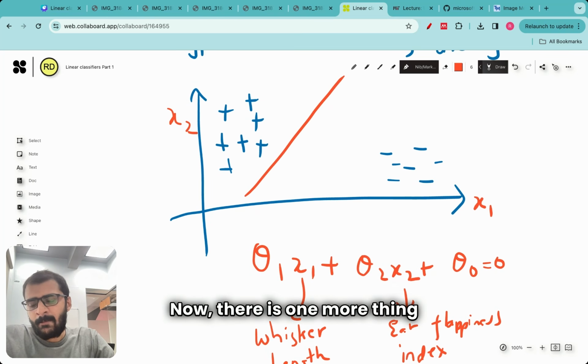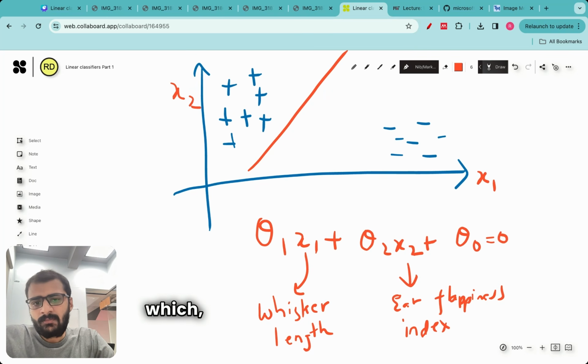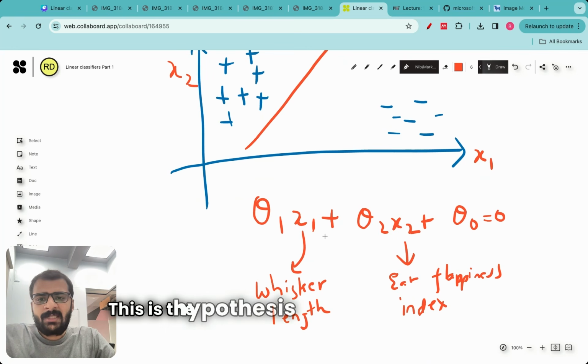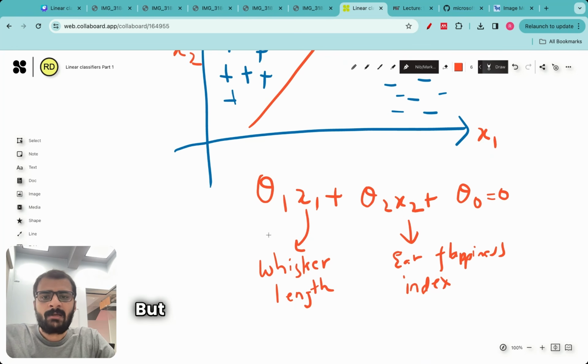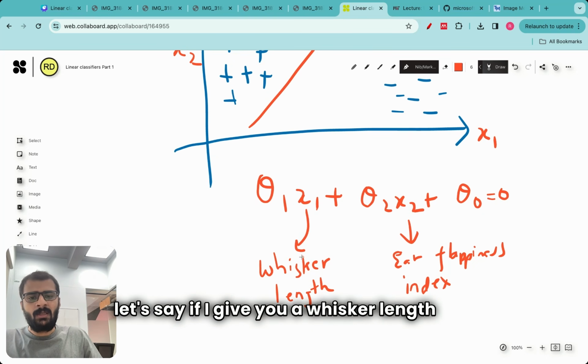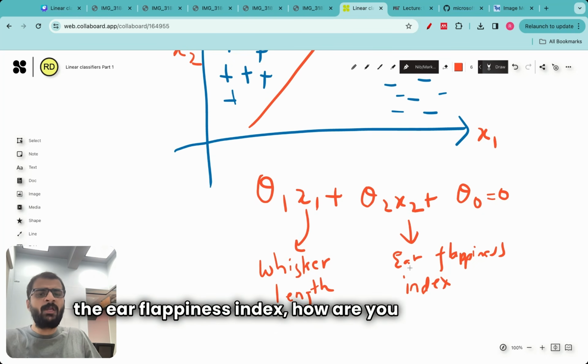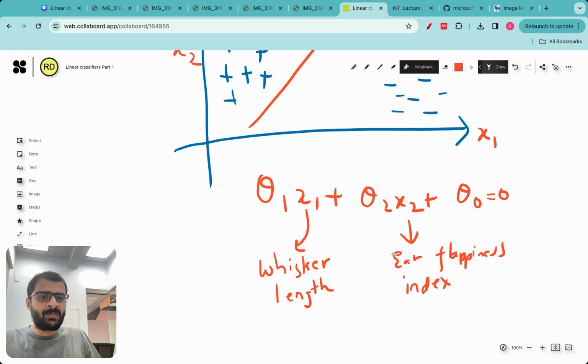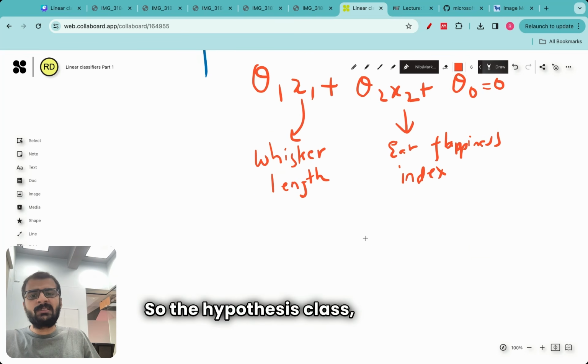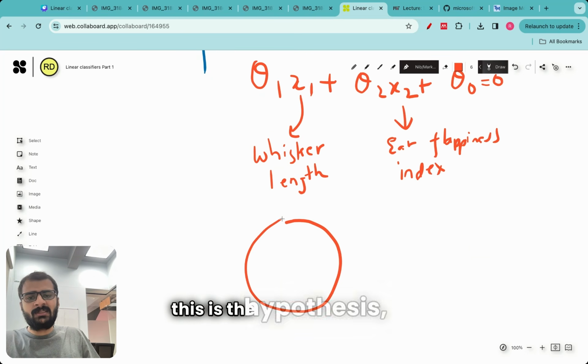Now there is one more thing which we need to consider. This is the hypothesis class, that's correct, but if I give you a new input, a whisker length and an ear flappiness index, how are you going to tell what the output is?